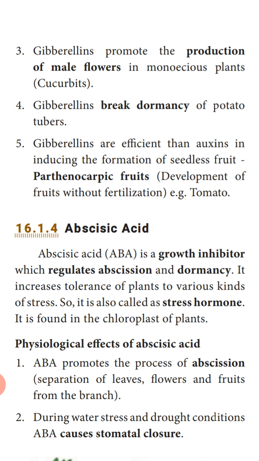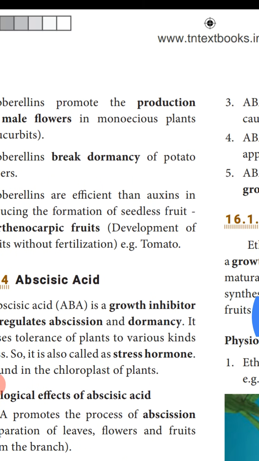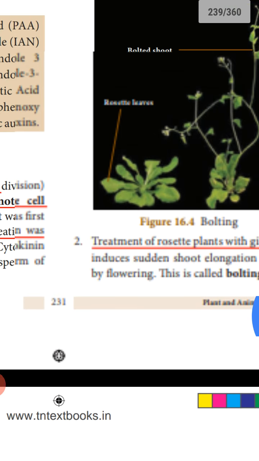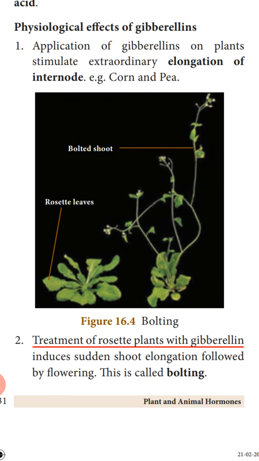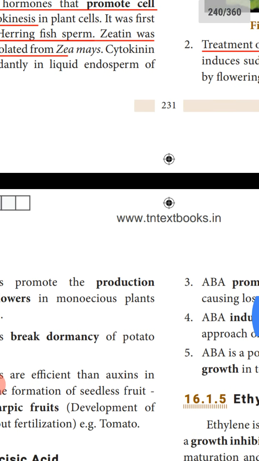So these are the physiological effects of gibberellins we have studied. First, it causes elongation of the internodes. Second, it causes sudden shoot elongation in rosette plants followed by flowering, a process called bolting.